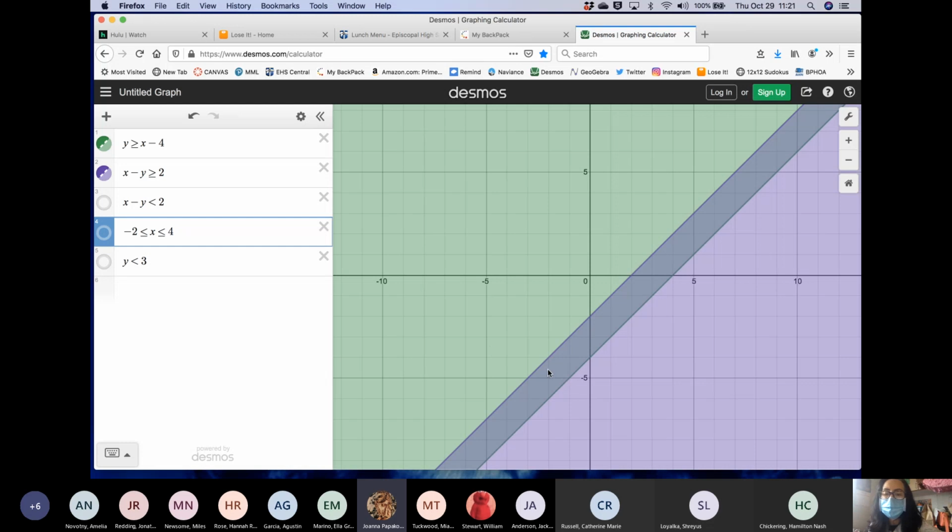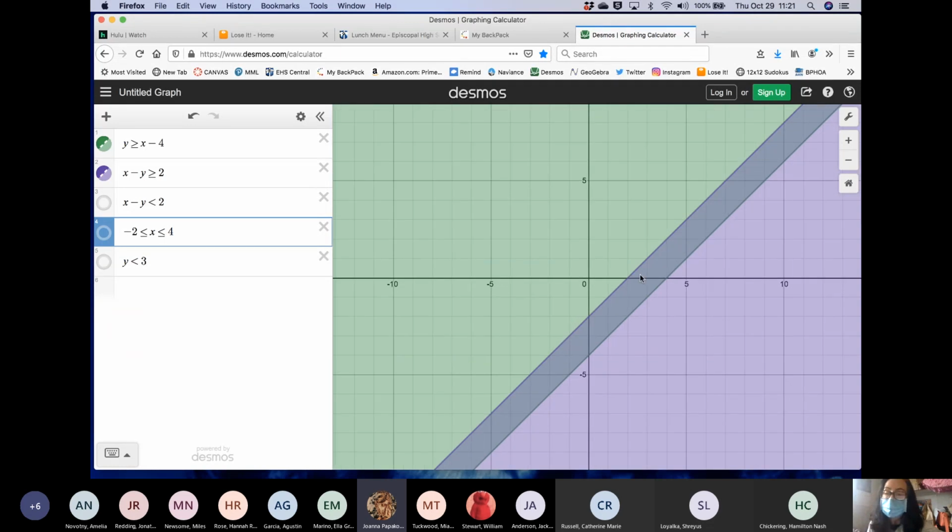Okay, because the green is going this direction, right? And the purple's going this direction. Oh, the solution set, yes. If the boundary lines are parallel, you are absolutely correct. The boundary lines are parallel, but with the inequality, everything in this band would be a solution set.